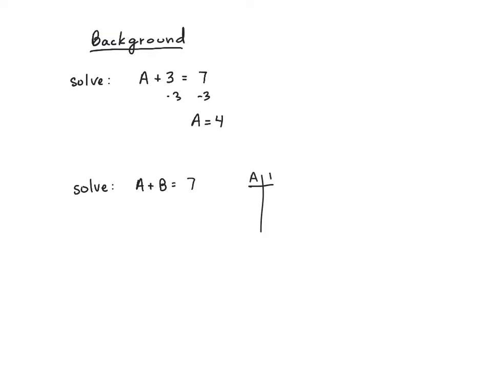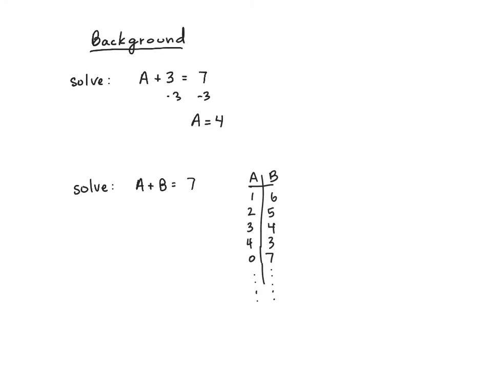We could have a is equal to 1, b is equal to 6. Or a could be 2, b could be 5, or a could be 3, b could be 4, or a could be 4 and b could be 3, a could be 0, b could be 7. The point I'm trying to make is this list can go on and on and on. Matter of fact, it can go on to infinity.